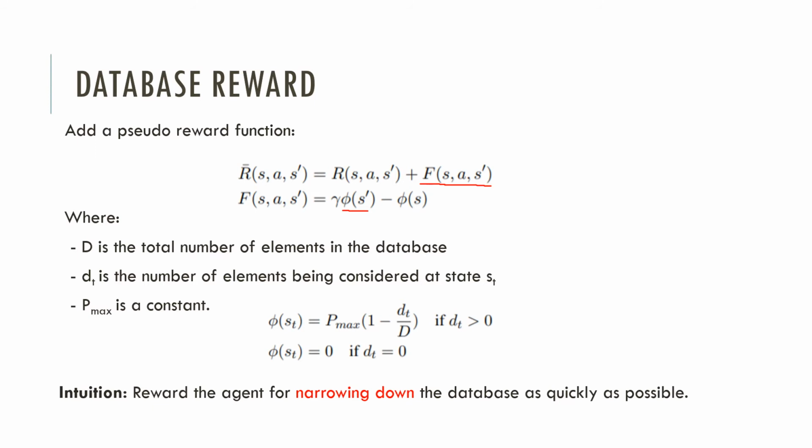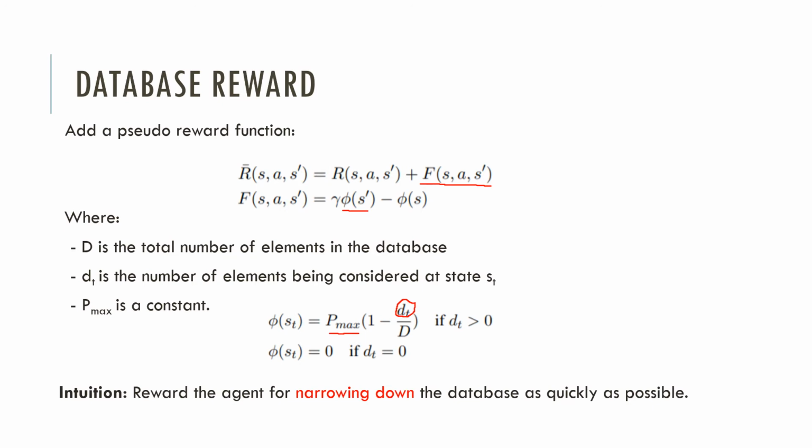And the intuition behind here is that the fewer elements that we consider, the higher the function will be. So if we only consider a small amount of elements here, dt, then the thing we're subtracting from 1 will be itself quite small. And so it'll be as close to the maximum value as possible.